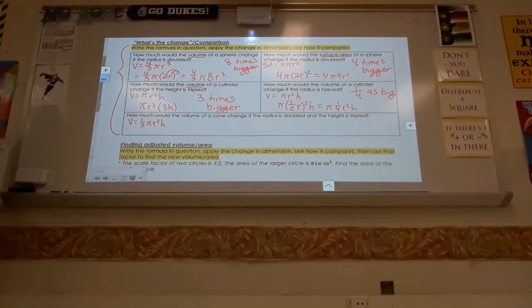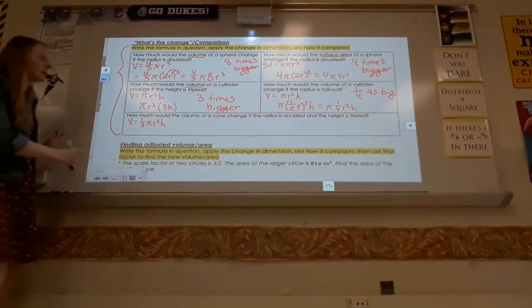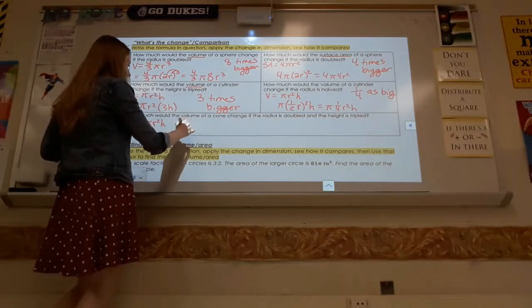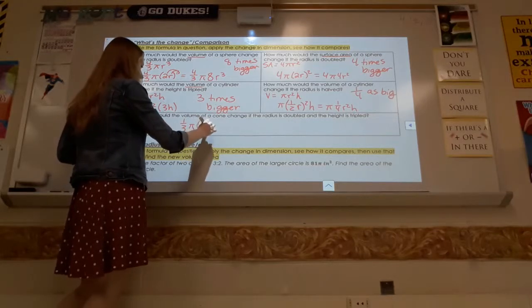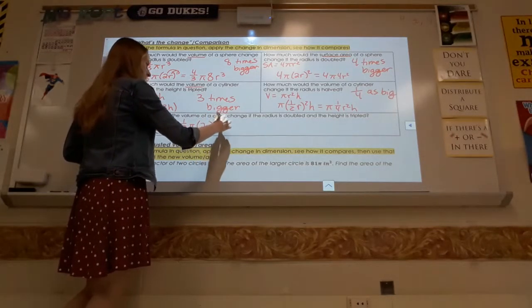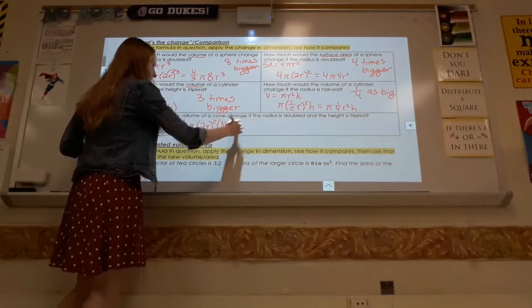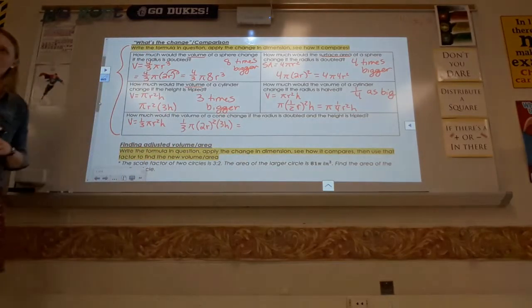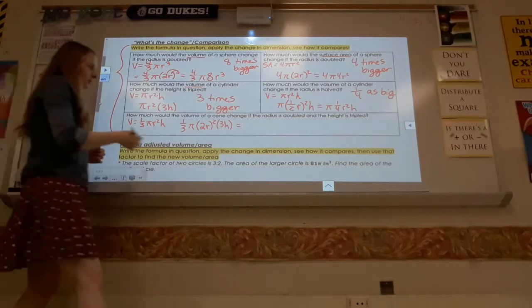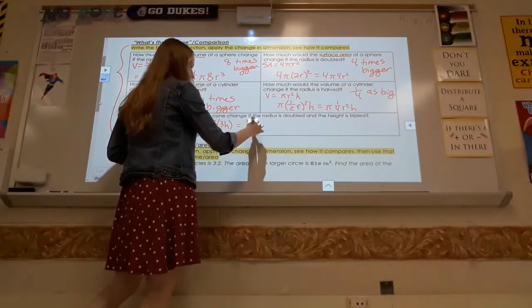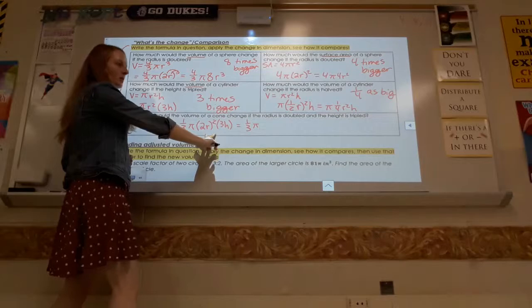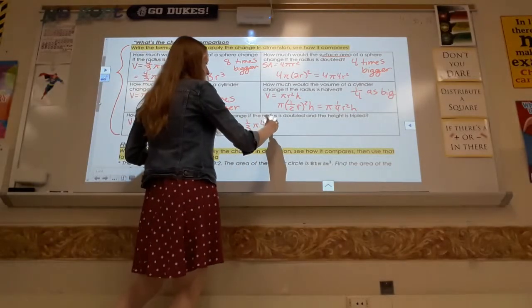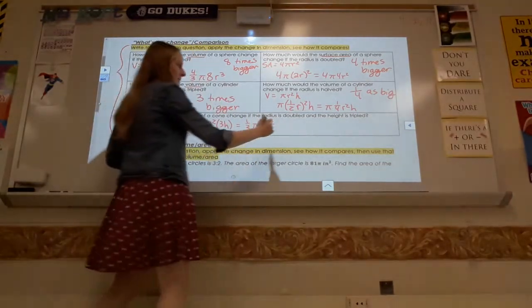I'm going to double the radius and triple the height. So my new formula would be 1/3 pi 2r squared 3h. So let's do some algebra to neaten it up. The 1/3 pi wasn't really changed at all. What does this little section turn into? 4 pi r squared. 4 pi r squared, and then this stays 3h.